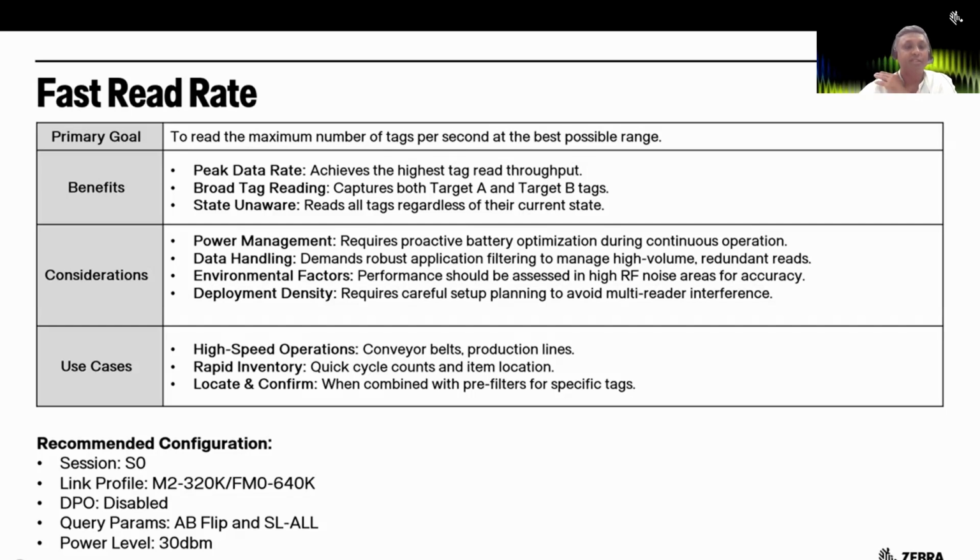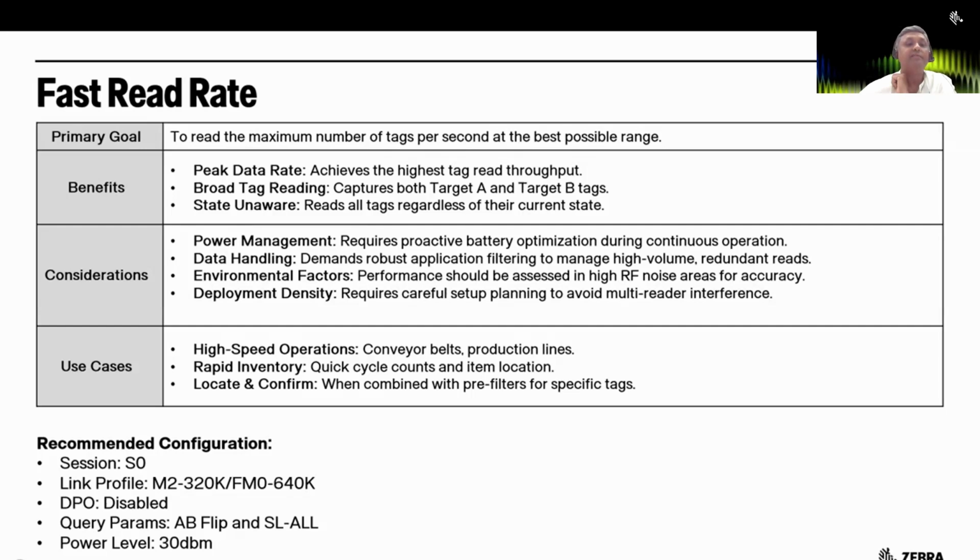So as we achieve these things, there are some considerations as you build applications, like power management. You have to proactively understand the battery optimizations when we configure for fast read rate.